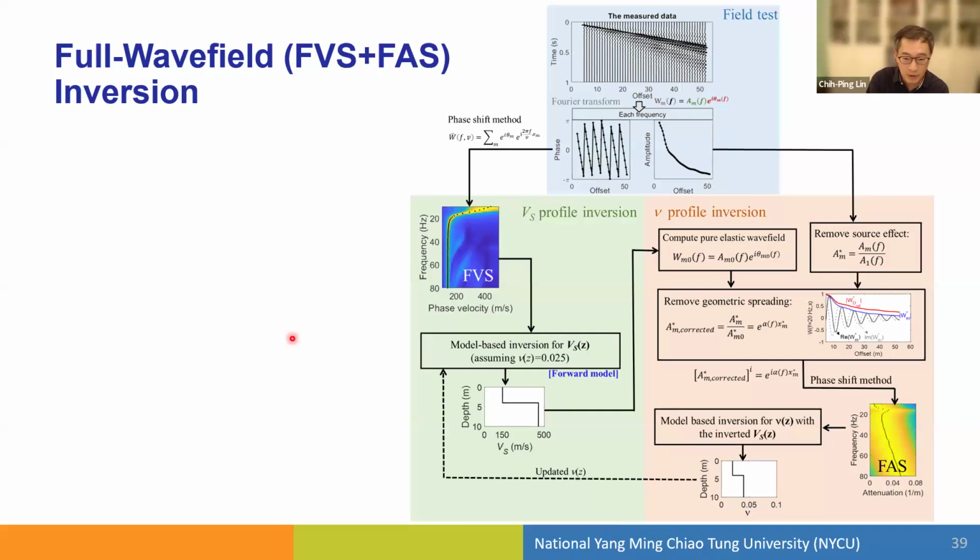The phase and amplitude information can be separated and analyzed, for accurate full wave field inversion of Vs and damping ratio simultaneously. And finally, I showed how this work has been extended to underwater MSW and also air-coupled MSW. Thank you for listening.